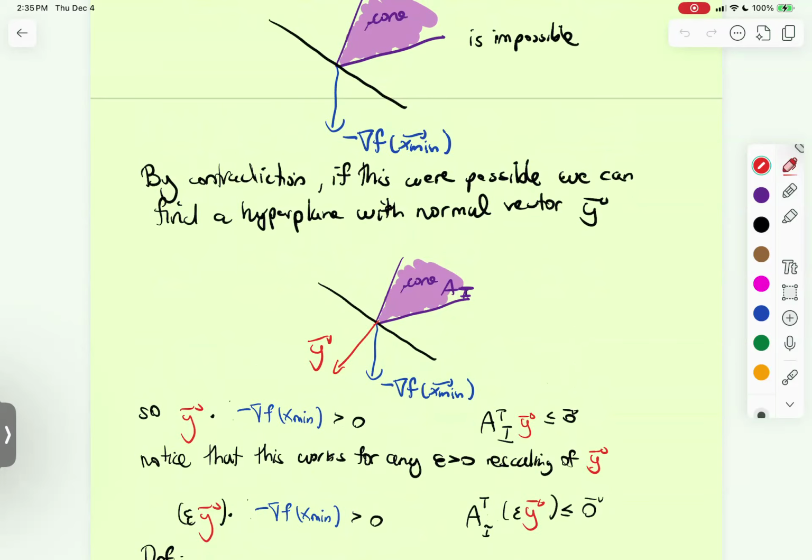It's still a normal vector, so the same inequalities work, which is kind of obvious. You just multiply each inequality by epsilon. But geometrically, you're rescaling the normal vector by epsilon. Okay. That's actually going to be a useful trick in the book.